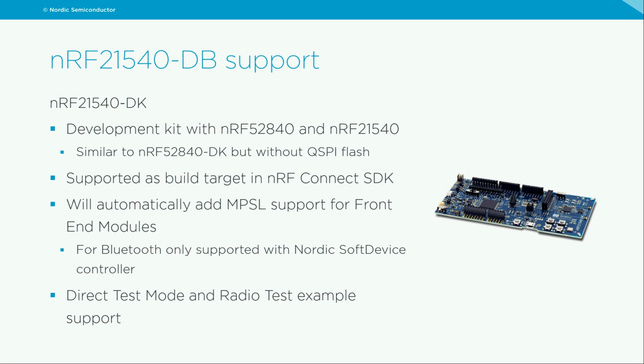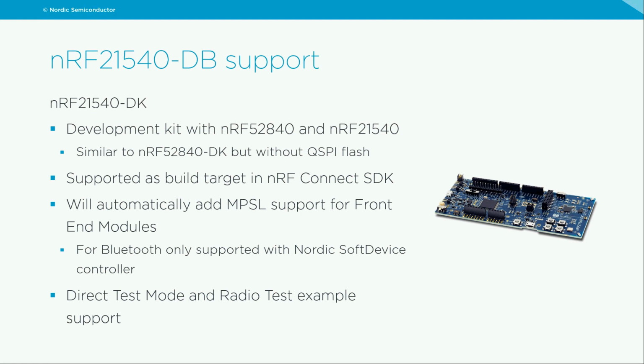This is basically the 52840 DK, but we have removed the quad SPI flash present on the 52840 DK to fit in the 21540 front-end module instead. We needed this to be able to get the pin count to go up.